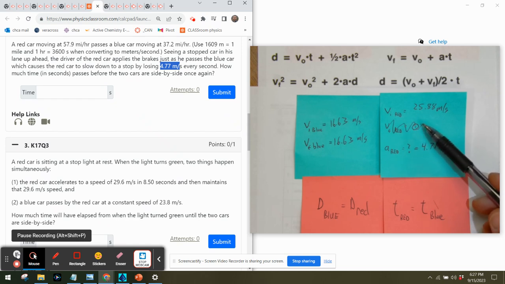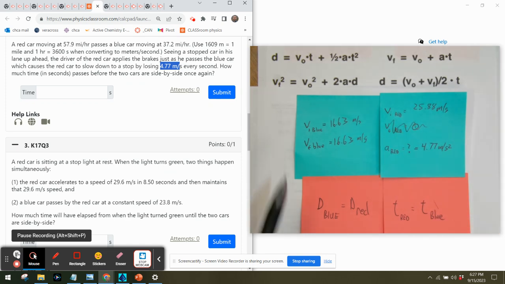So if we start looking at this, is there any equation that has initial velocity and final velocity? This really isn't that relevant to us because blue stays at the same velocity. And then we have distances and times.